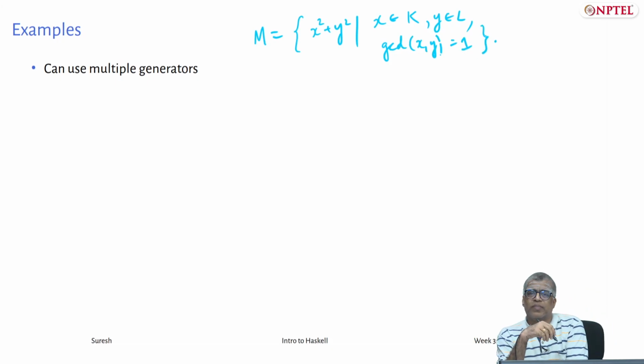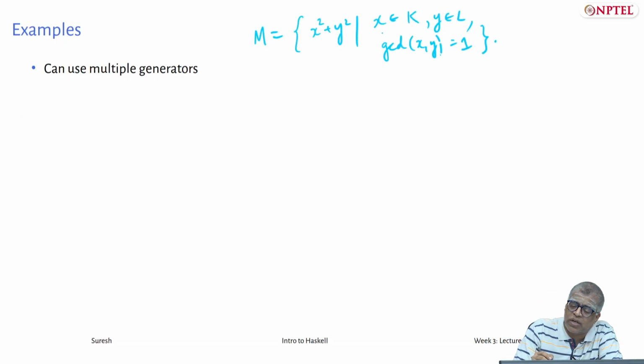You could do this, right? Something similar can be done in Haskell also. And the point is that there are multiple generators, meaning that you build the set M not from just one base set K, but from K and L.